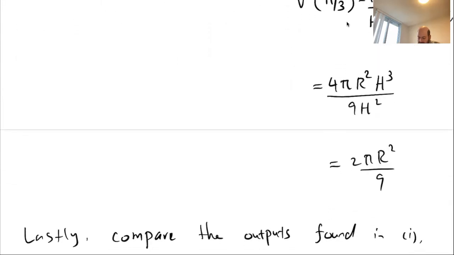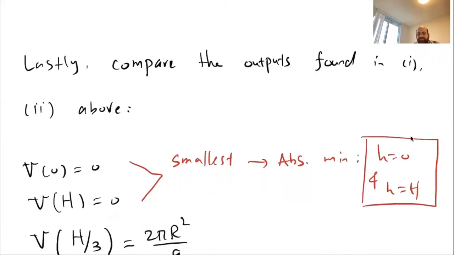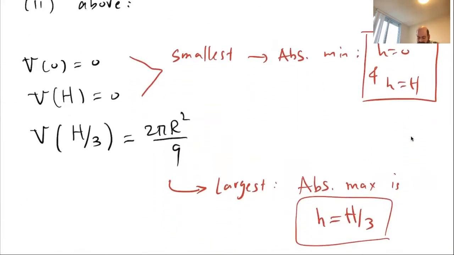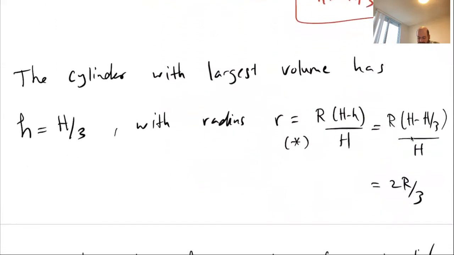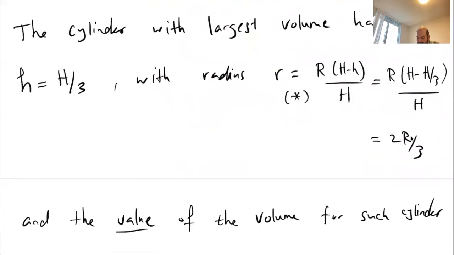And then the answer will be 4 pi r squared capital H, because H cubed over H squared will be H. So the rest is okay.